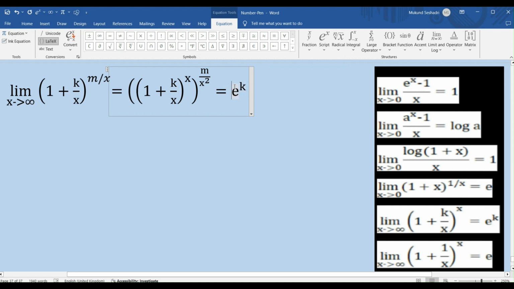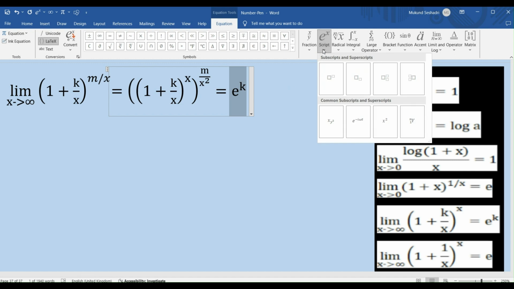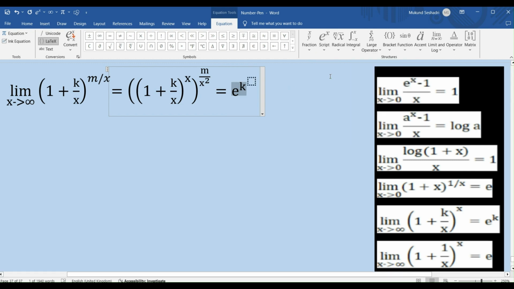And I have an m by x square, and I know that as x tends to infinity, that m by x square is going to tend to 0, right? So let's write this as m divided by infinity square, which is nothing but infinity, right?